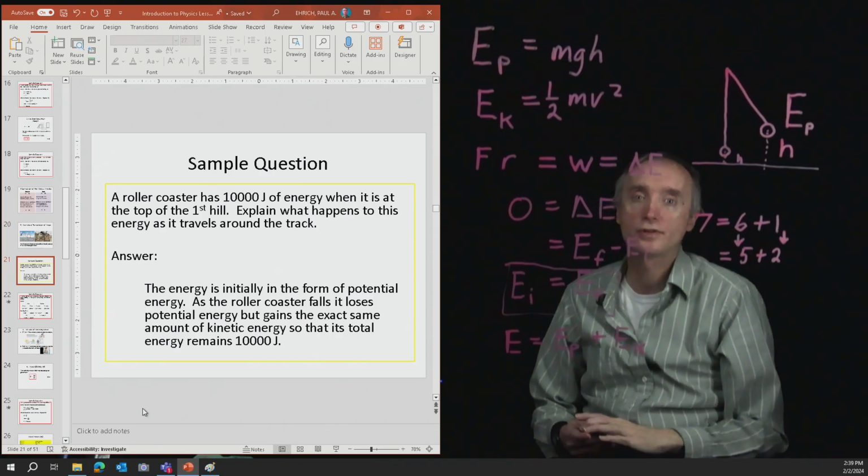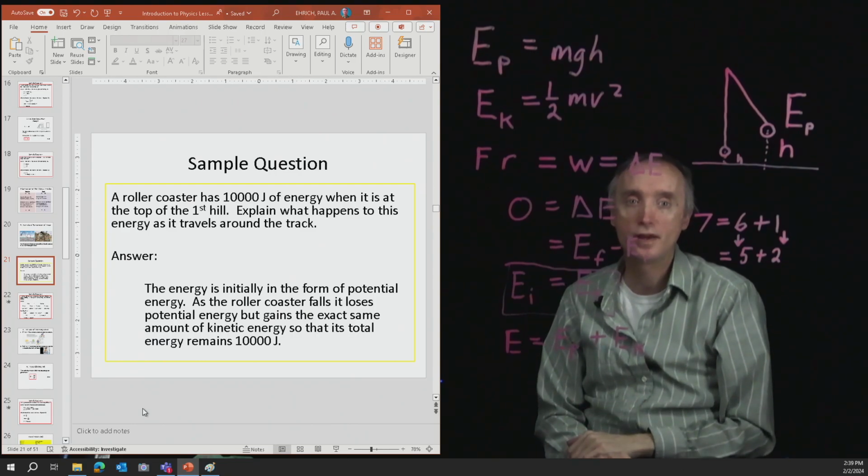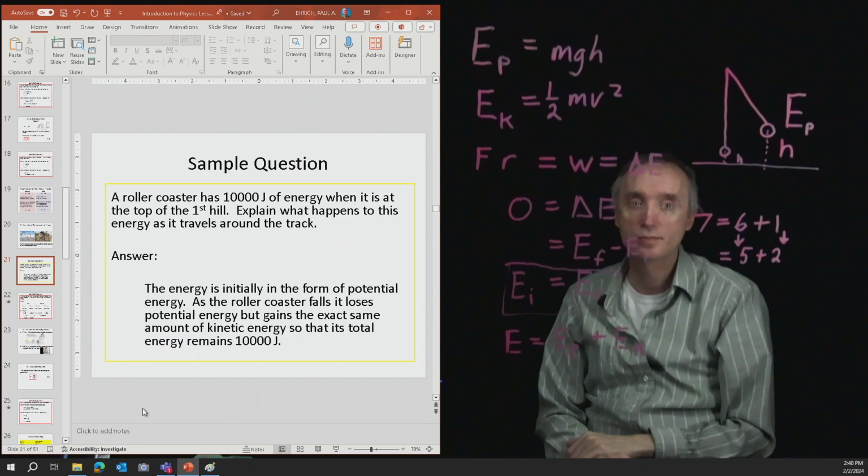So here's a sample question. A roller coaster has 10,000 joules of energy when it's at the top of its first hill. Explain what happens to this energy as it travels around the track. So the energy is initially in the form of potential energy.